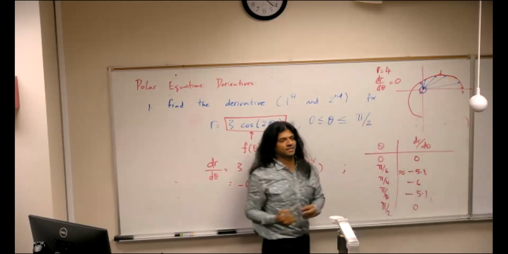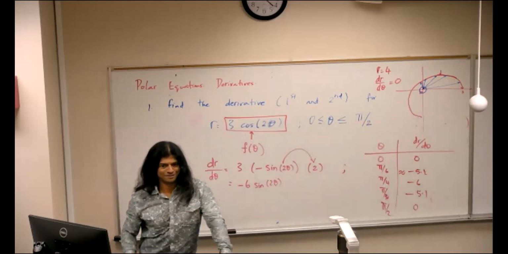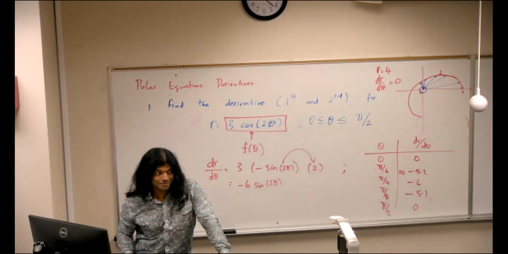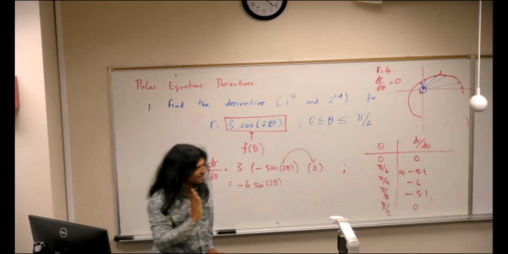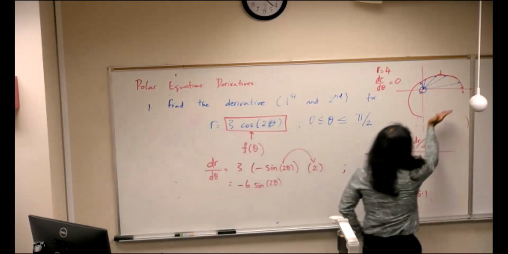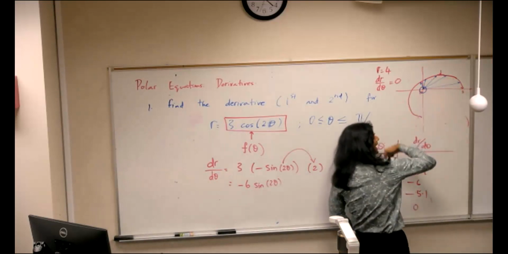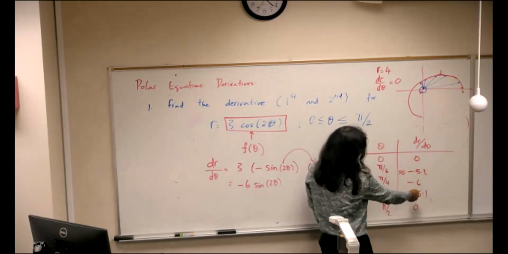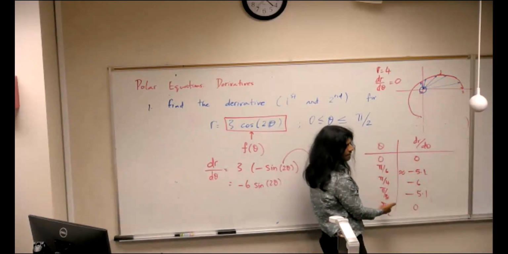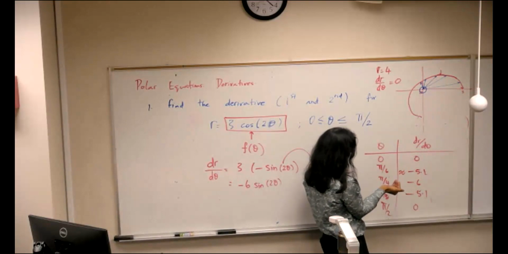What is happening to the radius? Decreasing, right? The radius is decreasing as you change the angle. So that's what we captured here. The radius keeps on decreasing.